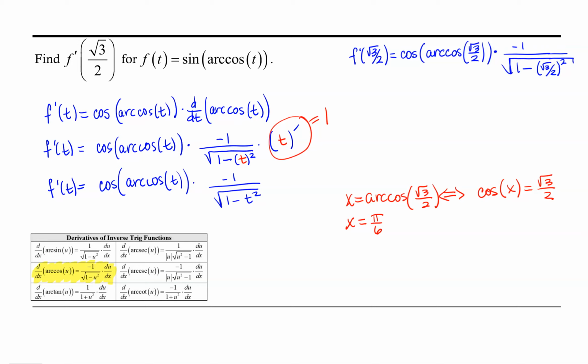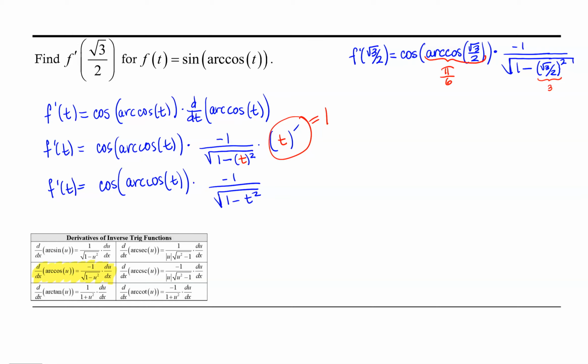So in place of this arc cosine of square root 3 over 2, we're going to replace that with pi over 6. Because when I simplify arc cosine of square root 3 over 2, that is equal to pi over 6. And also, under this square root where we have square root of 3 over 2 squared, if I square square root of 3, I get 3.